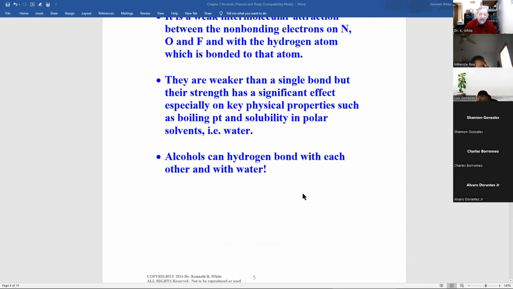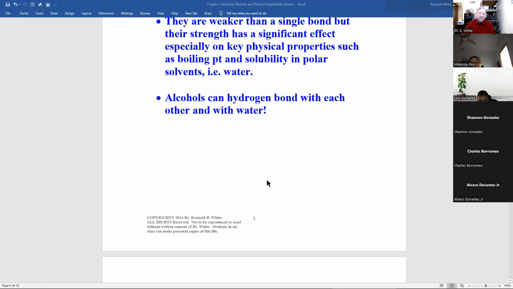I'll teach you later on in the semester what I mean by polar solvents. So alcohols can hydrogen bond. Again, switch is off. Now, here's an alcohol. The oxygen is more electronegative than the hydrogen. Therefore, this is slightly negative and this is slightly positive. This is the Greek letter lowercase delta, and this means small difference.